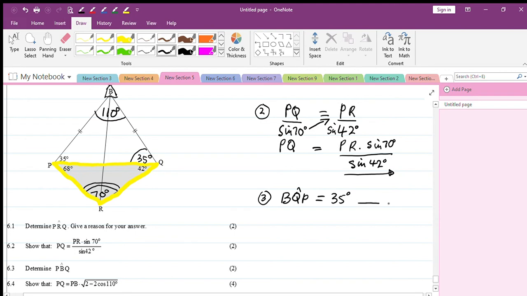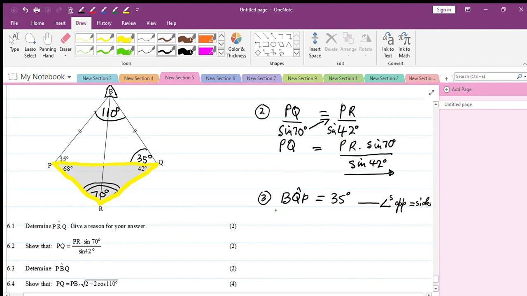The reason is that PBQ is isosceles, or angles opposite equal sides.